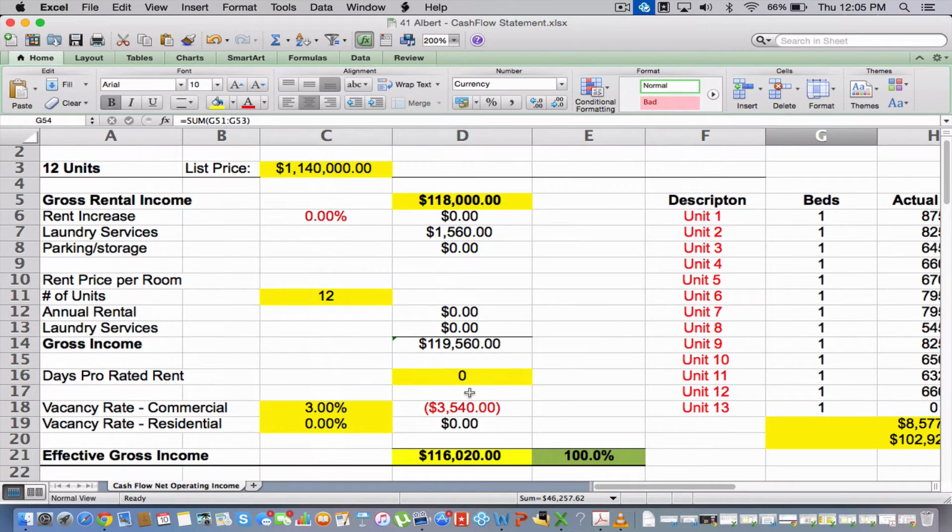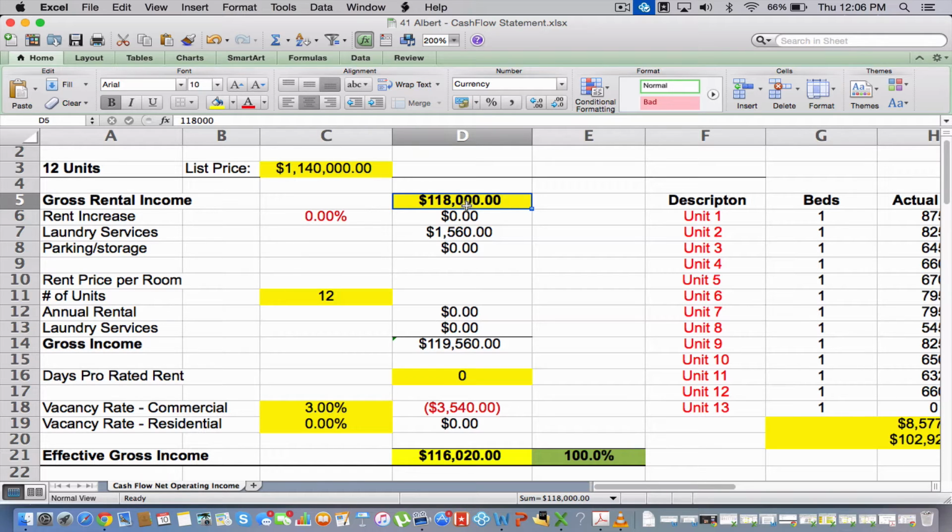So in this section, we're going to focus just on the gross rental income. The first thing we need to know, and you would find these numbers from inquiring with the seller of the property or through the real estate salesperson that you're using to help you find an investment property.